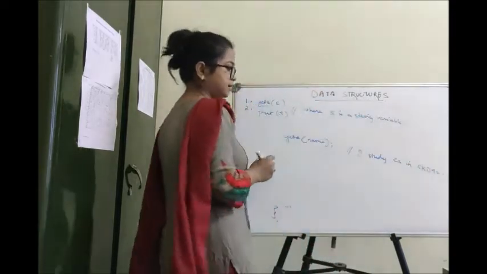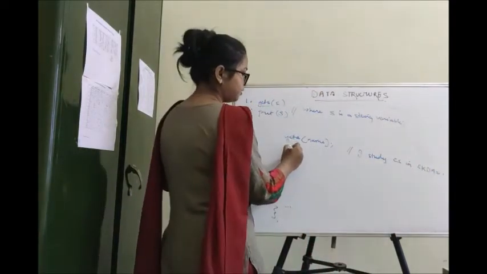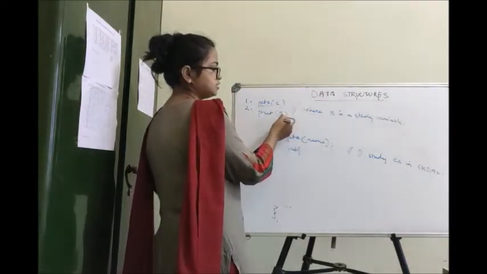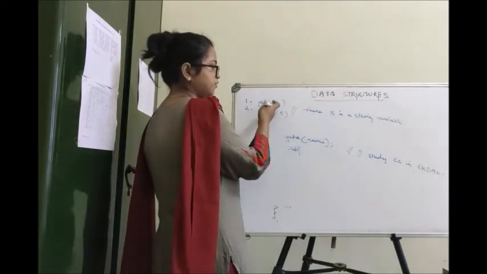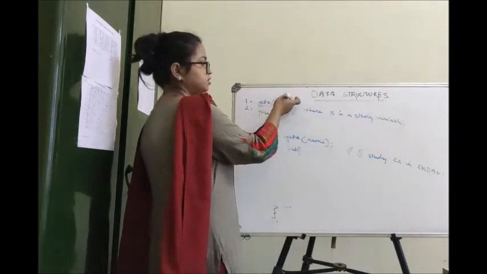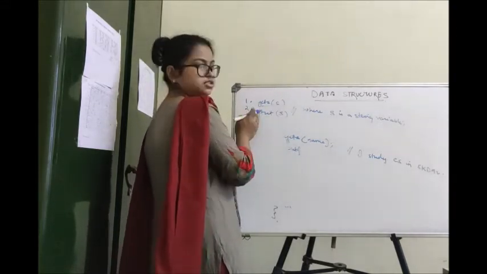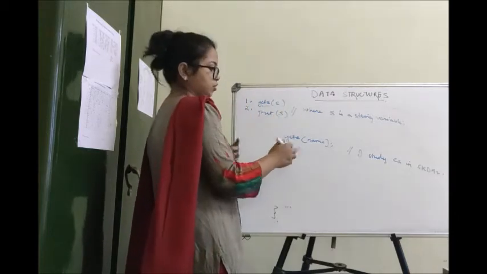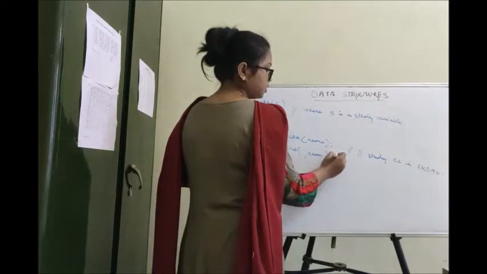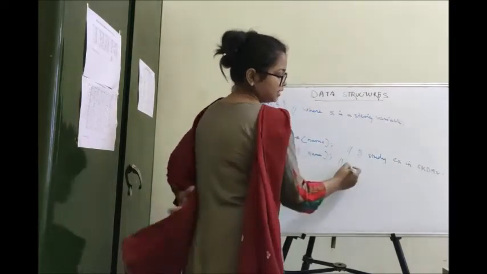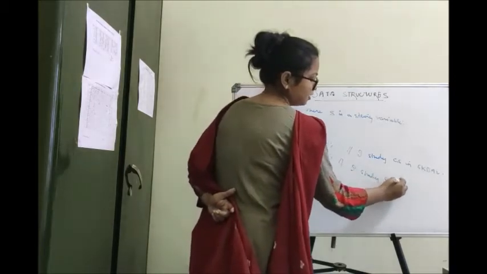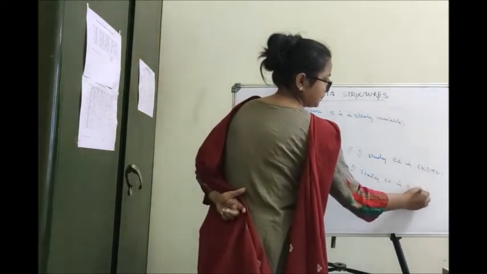Suppose this is your sentence. Then if I write puts, it is analogous to printf. gets is analogous to scanf. It is used for inputting. puts is used for outputting or printing. Okay. So puts name. Here it will print the exact same thing: I study CS in SKDAV.